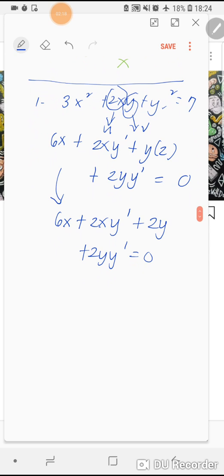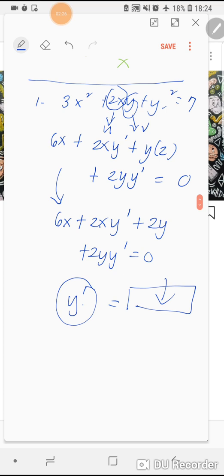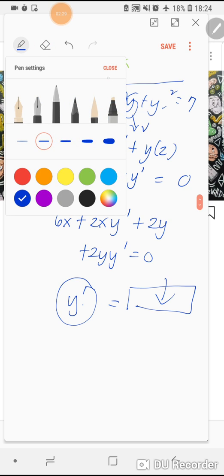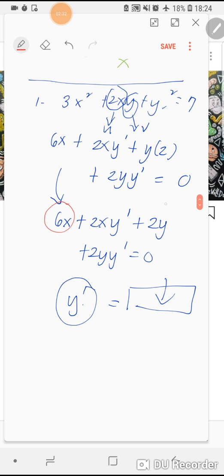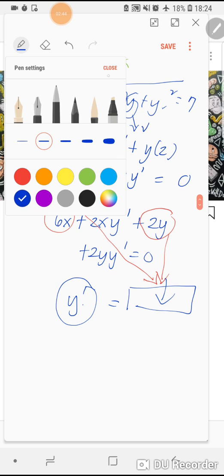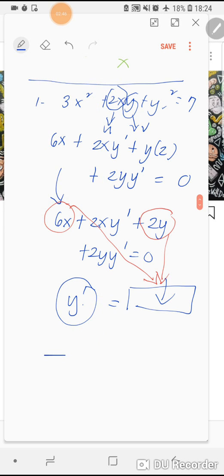So we can rewrite this as 6x plus 2x y prime plus 2y plus 2y y prime equal to 0. Then we just have to segregate the terms, so all the y prime terms would be here and all those without y prime would be placed on the other side. So we have 2x y prime plus 2y y prime equal to negative 2y minus 6x.